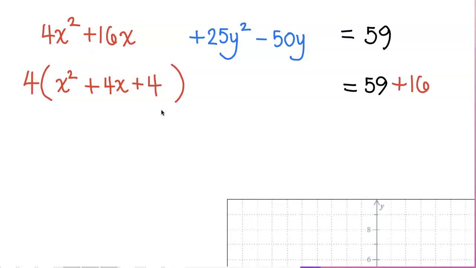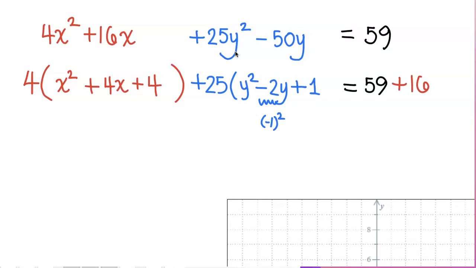Now moving on to the y's, okay? So factor out that 25 to the front. Now we're going to have what inside? y squared minus 2y. And to complete the square, take half of the middle number and square it, okay? Half of negative 2 is negative 1. But when you square negative 1, you get positive 1.